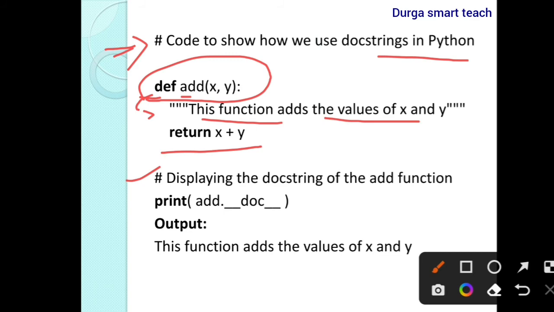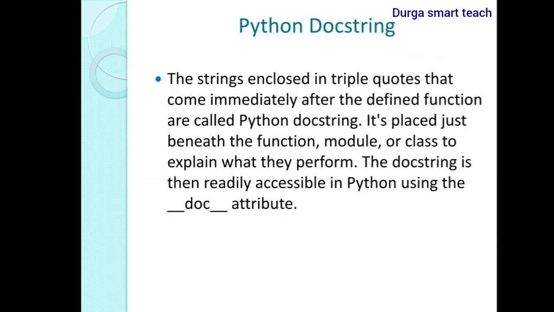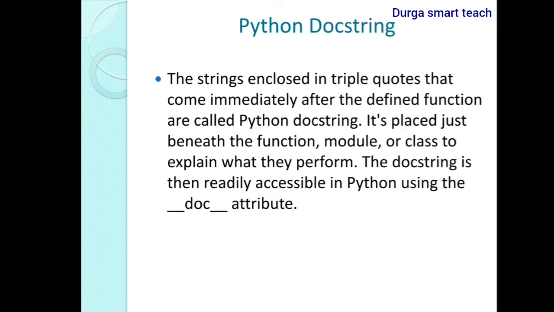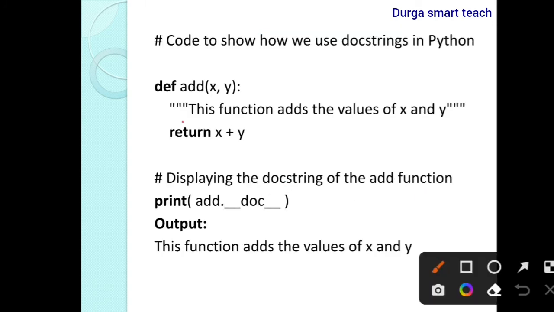Print add dot. What is add? Add is the function name, dot __doc__. I already said that the doc string is readily accessible in Python by using the __doc__ attribute. So if you want to print this message in the output, then you need to write this code, add.__doc__.